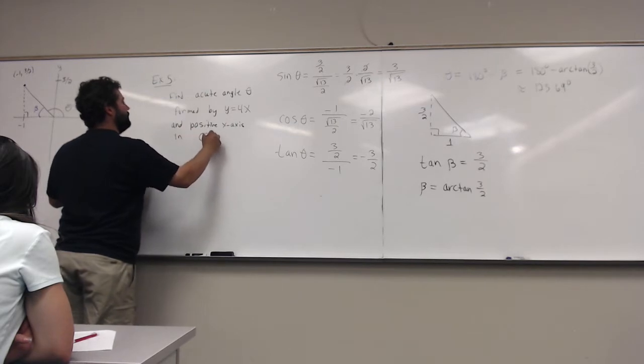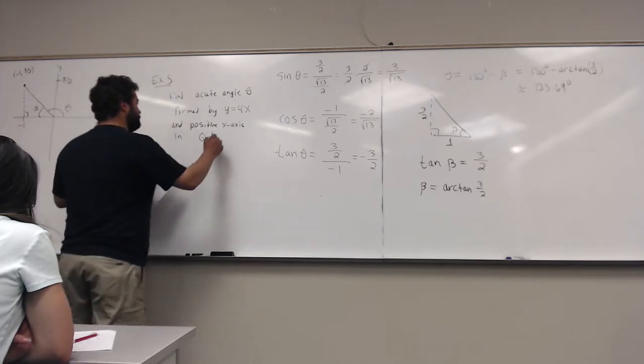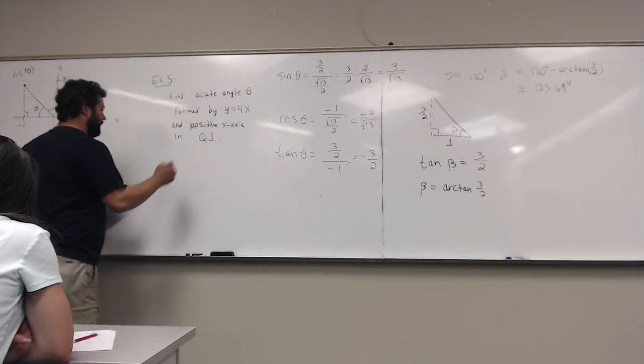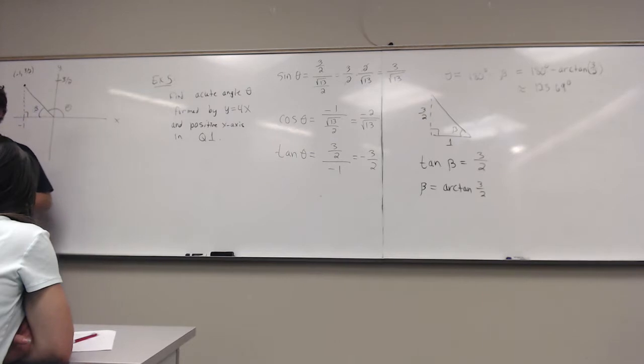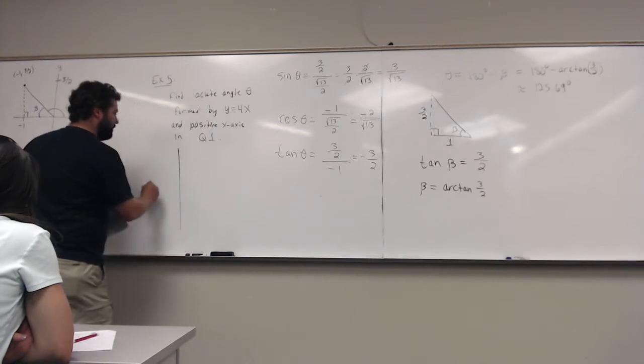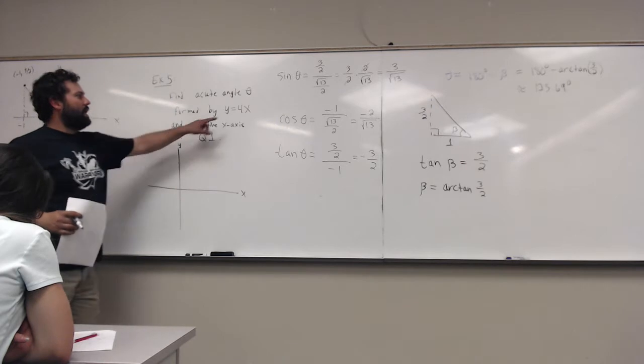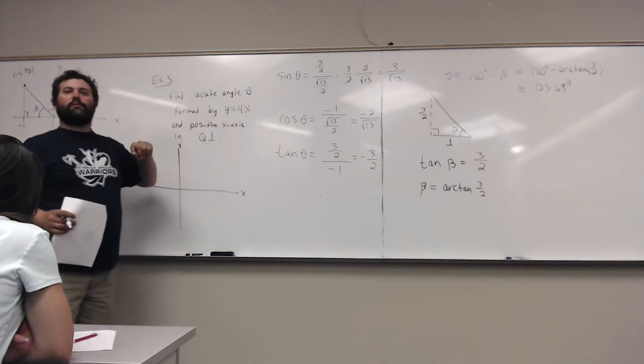I'll just write Q1 for quadrant 1. Alright, so what am I going to probably do first? Yeah, we're going to draw a picture before I even do anything. So here's the xy coordinate axes. Now, y equals 4x is a line with what for its slope?